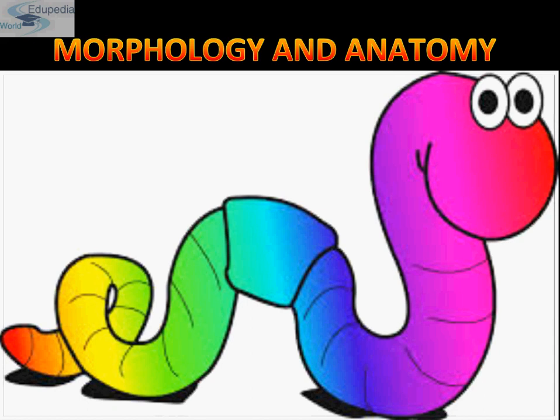So earthworm is a tube shaped segmented worm which is found in the phylum Annelida. They are commonly found living in soil and thus it feeds on live and dead organic matter.